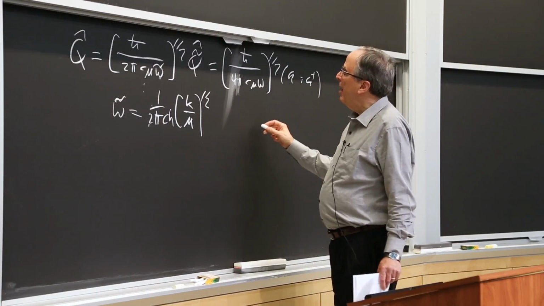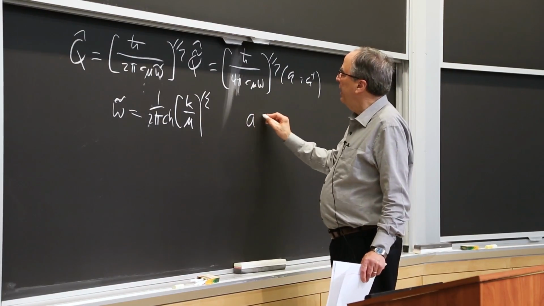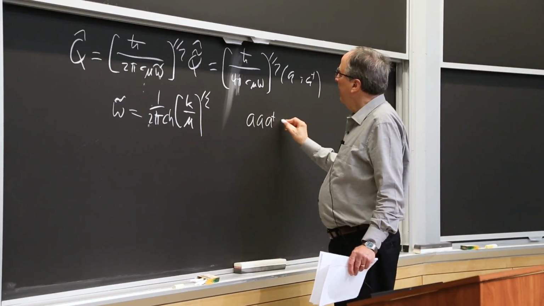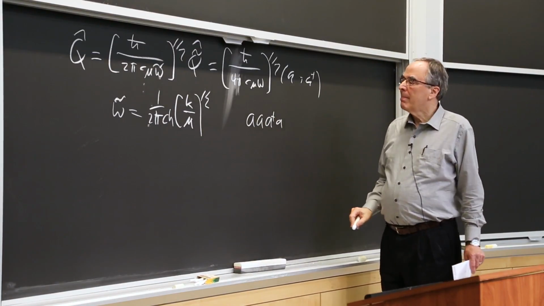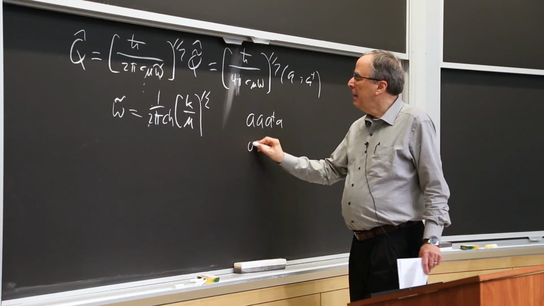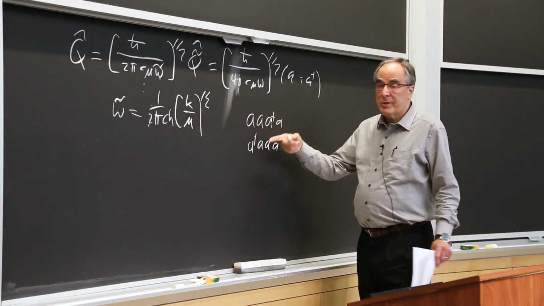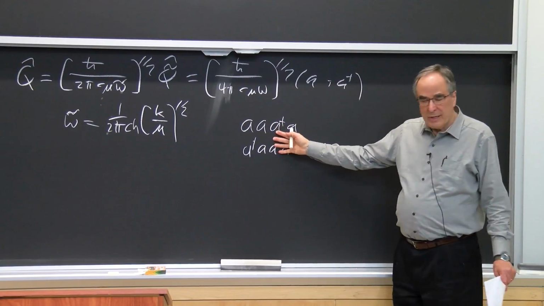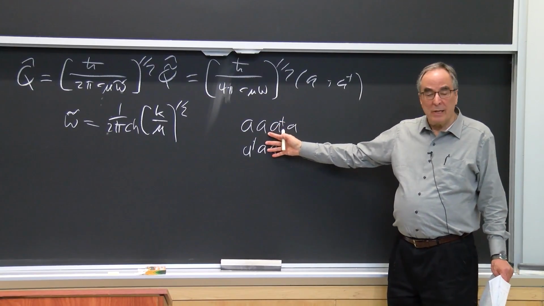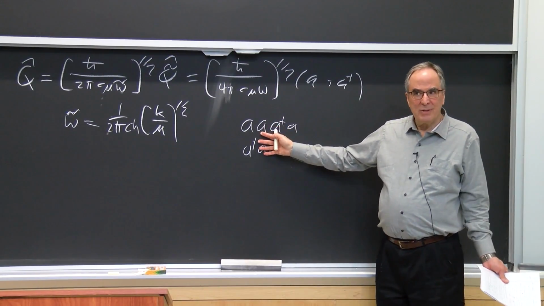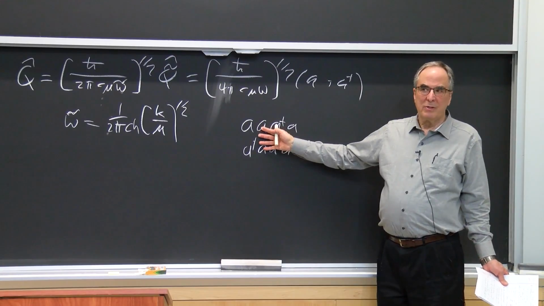So we have operators that can be expressed like A dagger, A, or A dagger, A, or anywhere, you put the dagger anywhere. You look at this, and you say immediately, I know two things. I know the selection rule.